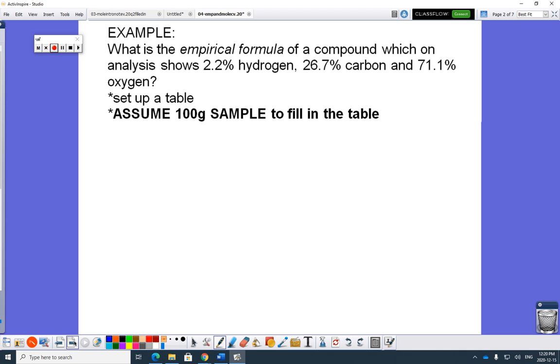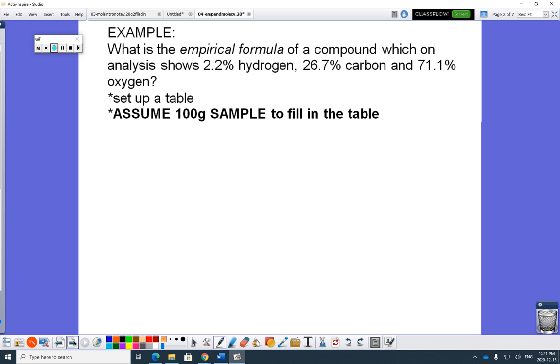The easiest thing to do here is an example, because none of this math is technically new. We're going to take grams, divide by the molecular weight, and find moles, okay? So here we're given percentages. You could be given percentages or grams. When you're given percents, we're just going to assume a 100-gram sample, because no matter what the sample is, if 2.2% of it is hydrogen, 26.7% carbon, and 71.1% oxygen, then it doesn't really matter what the amounts are.